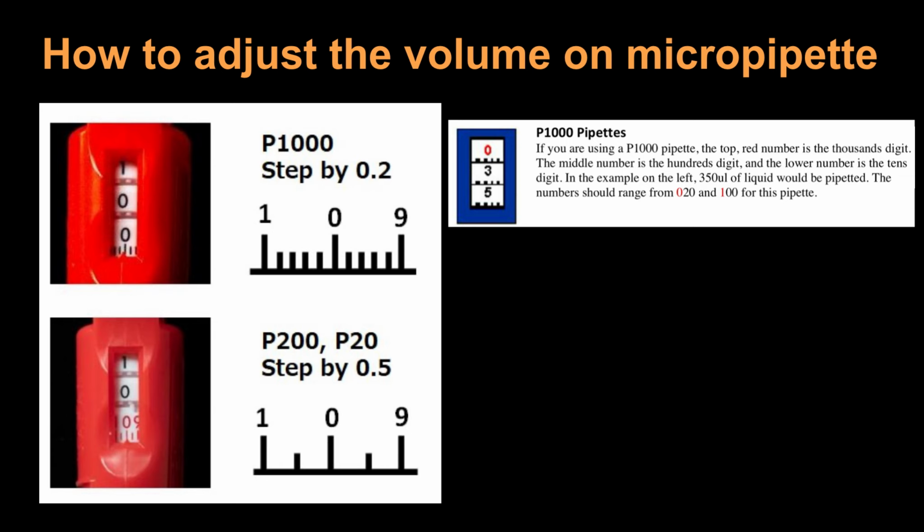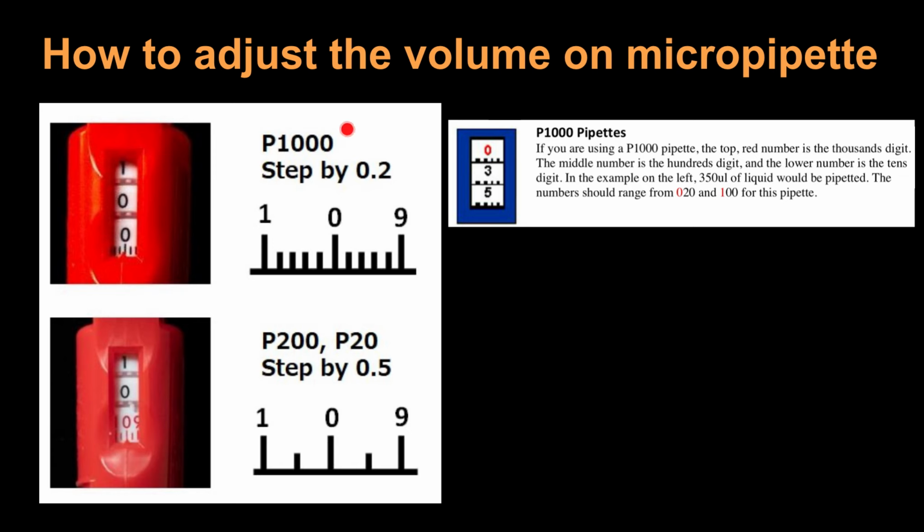The numbers should range from 200 microliters to 1000 microliters, or from 200 microliters up to 1 milliliter, which is the same as 1000 microliters. Now let's take a look at this window. Though the top number here is not in red, this can be a little bit confusing, like in this example.